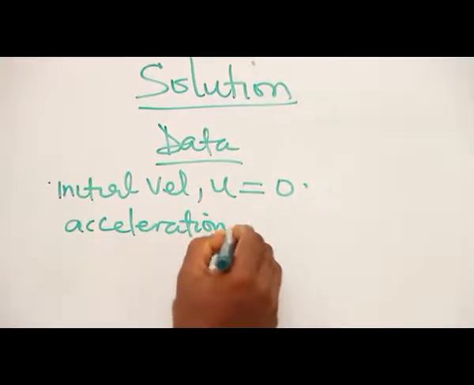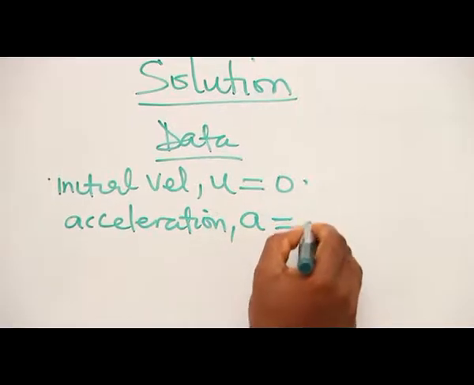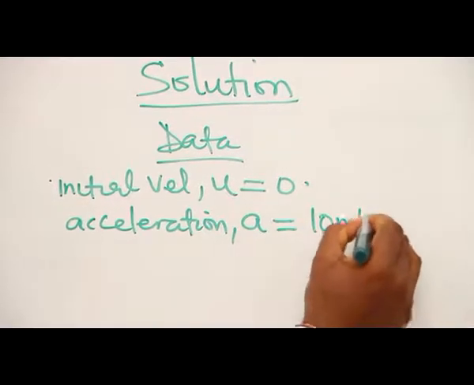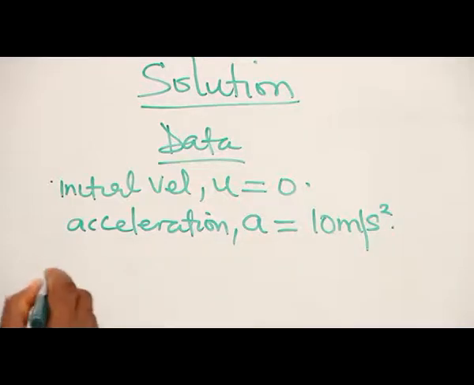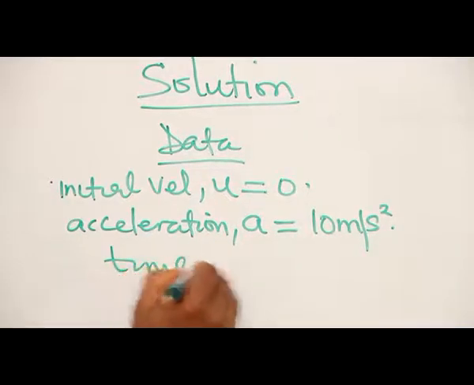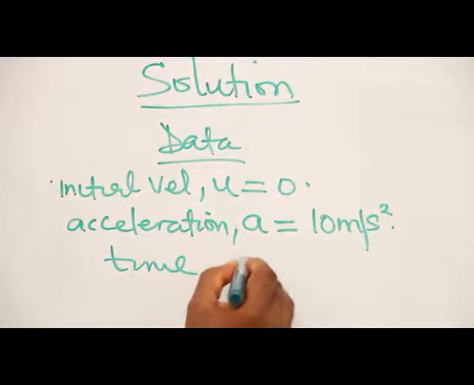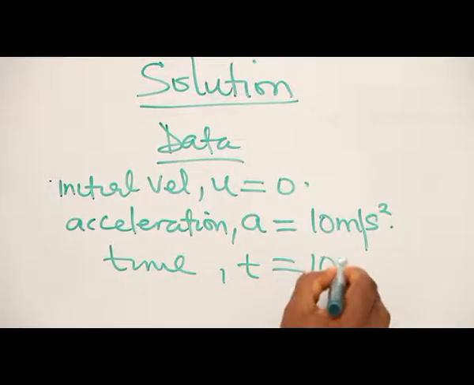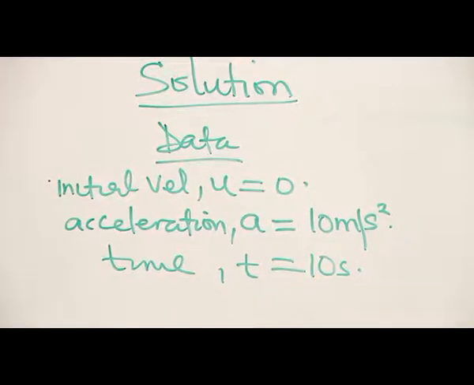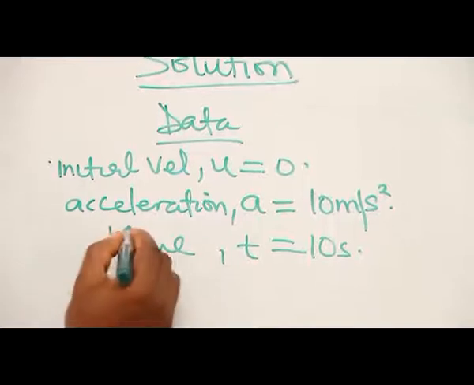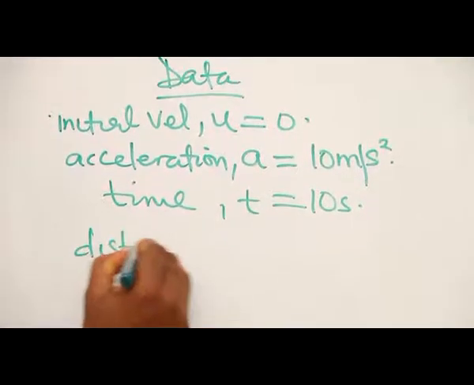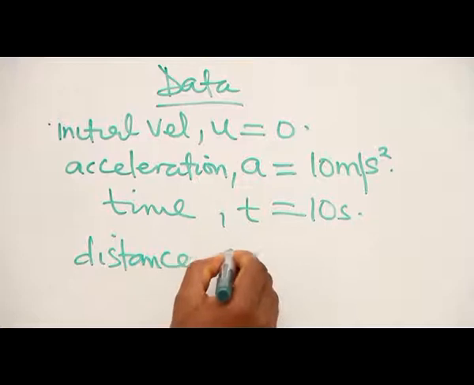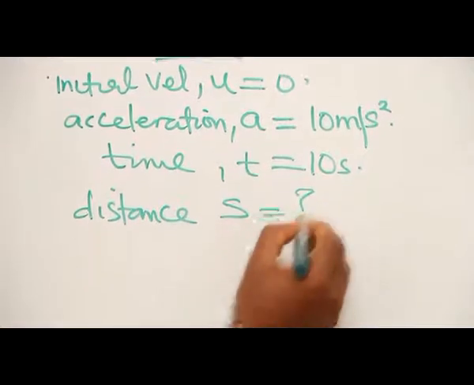Acceleration a is 10 meters per second squared. We also have the time taken, t, as 10 seconds. We are asked to calculate the distance covered. Distance is s. Distance covered in the last 1 second.